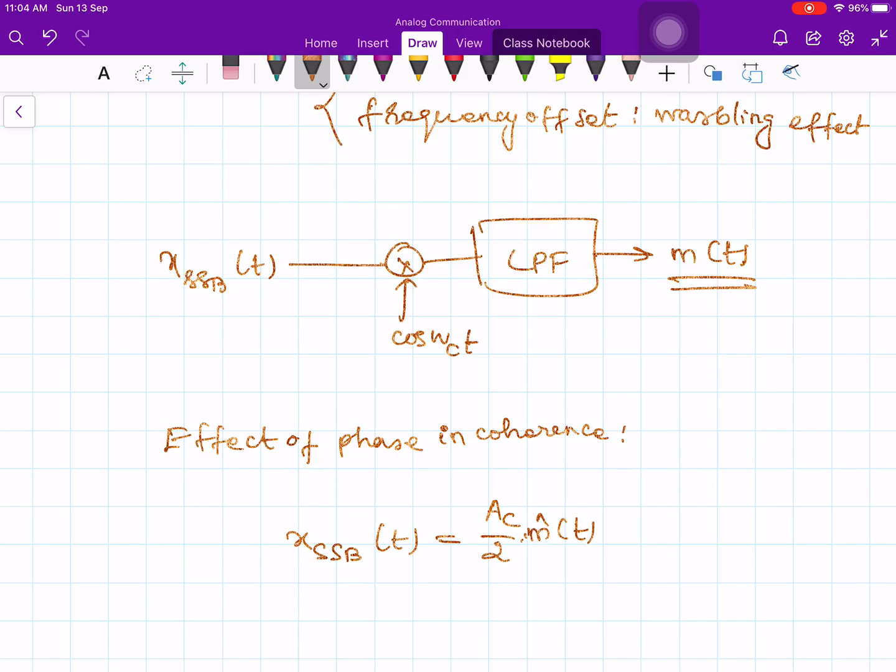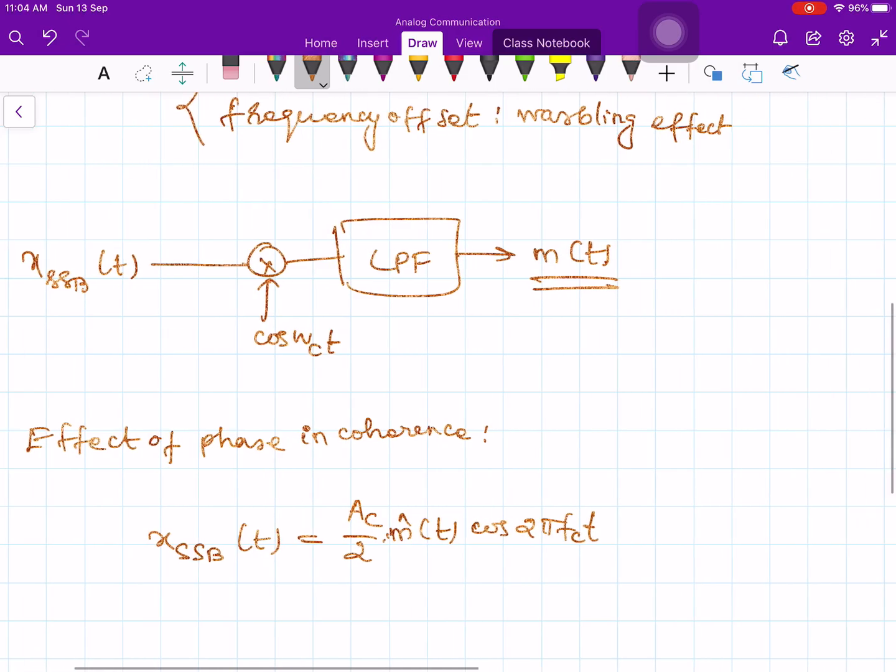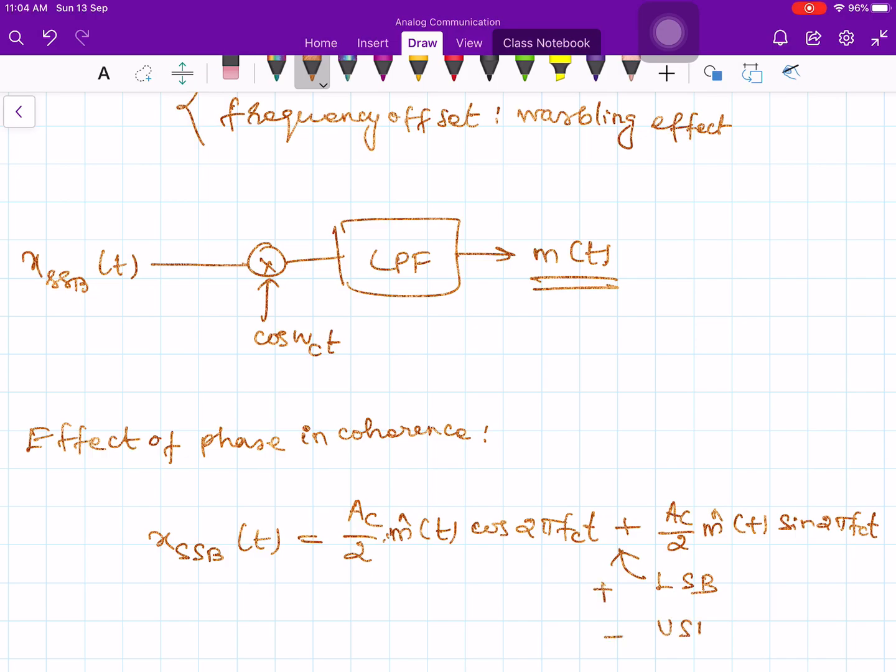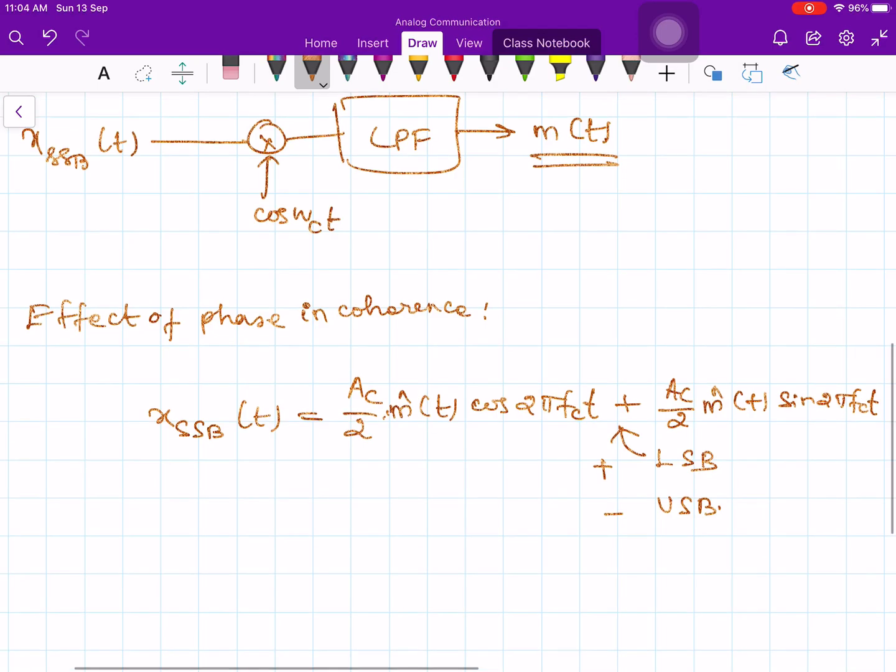The plus sign indicates we are retaining the lower sideband, and minus means we are retaining the upper sideband. Either of these two is fine in a coherent demodulator. You can use the upper sideband or lower sideband, it doesn't matter.